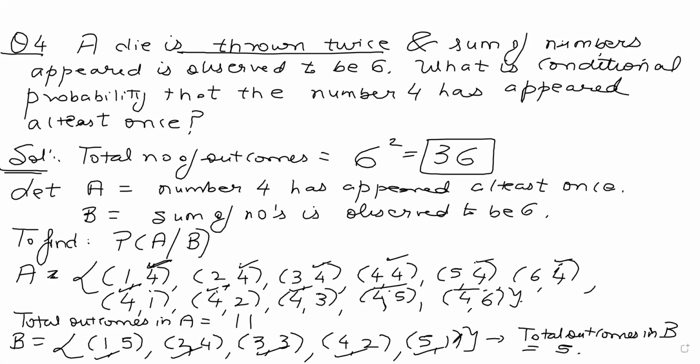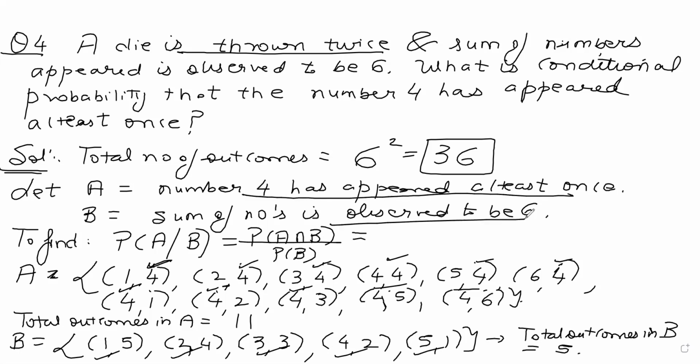Can I now find the probability of A given B? It's probability of A intersection B divided by probability of B. Now what is the probability of A intersection B? How will I read A intersection B? Number 4 has appeared at least once and the sum is 6. So within the event B, 4 should have appeared at least once and the sum should be 6.